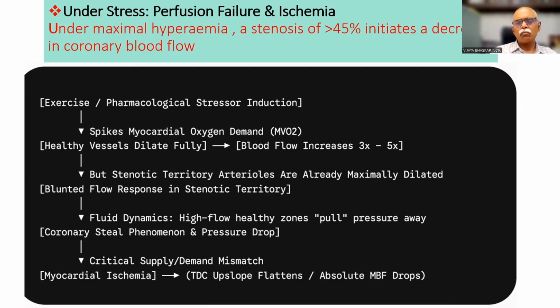All of these modalities where we do dynamic stress-induced myocardial perfusion are going to pick up this reduction in the myocardial blood flow in hyperemia or when the maximum hyperemic stress is given, and an epicardial stenosis of more than 45% will show up as a reduced myocardial blood flow. And those segments are the ones which need treatment in the form of revascularization. That is the whole pathophysiology of the myocardial perfusion studies.